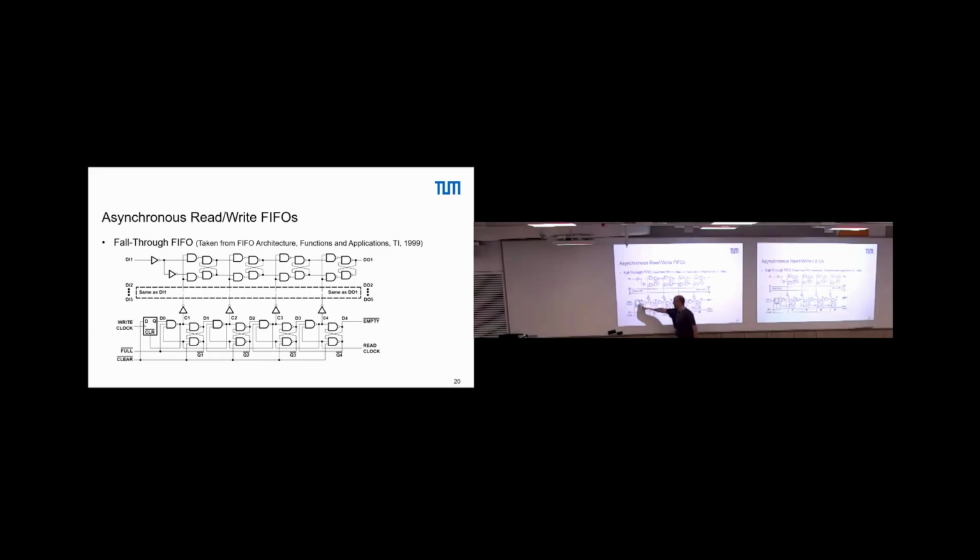Because the signal propagates just because of the timing of the gates from left to right, and due to its propagation delays, enables one ledge after the other. If it arrives on the last ledge, just by design, this one here is locked, and the next data word that we write here would only propagate till here. And so on, the next till here, the next till here.